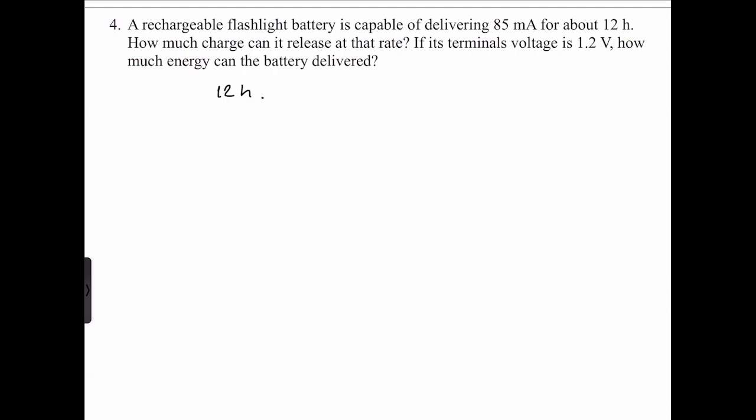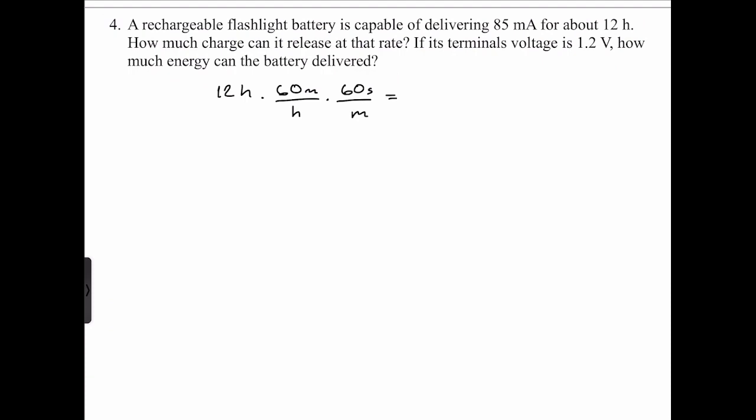We know that an hour is 60 minutes, so 60 minutes, 1 hour, we can just put an hour there. And we know that a minute is 60 seconds, so we can just put M there.